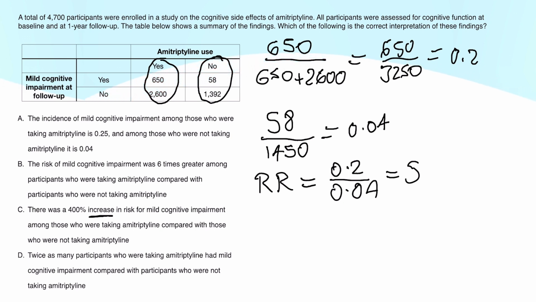And so a 200% increase would triple the incidence, a 300% increase would quadruple the incidence, and 400% increase would make it 5 times the incidence. So this makes choice C the correct answer. And choice D is obviously incorrect because here the relative risk is 2.